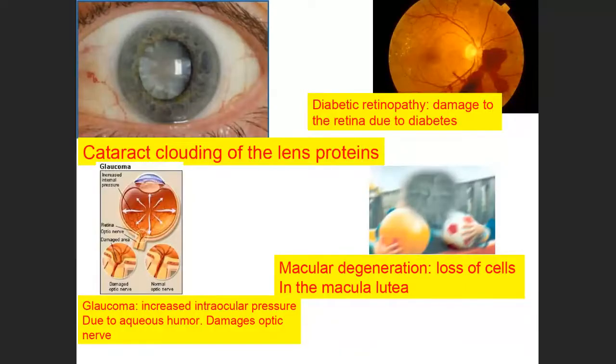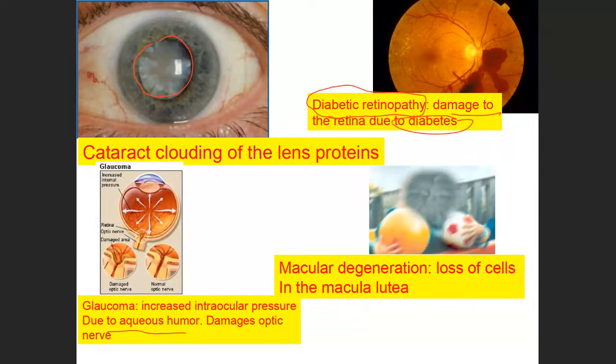Okay, abnormal conditions of the eye. Cataracts are a clouding of the lens that occurs with time. So lens proteins. Diabetic retinopathy. This is the number one cause of blindness in Western countries. This is damage to the retina due to diabetes. Glaucoma is an increase in intraocular pressure due to an increase in aqueous humor, which probably is not draining properly.